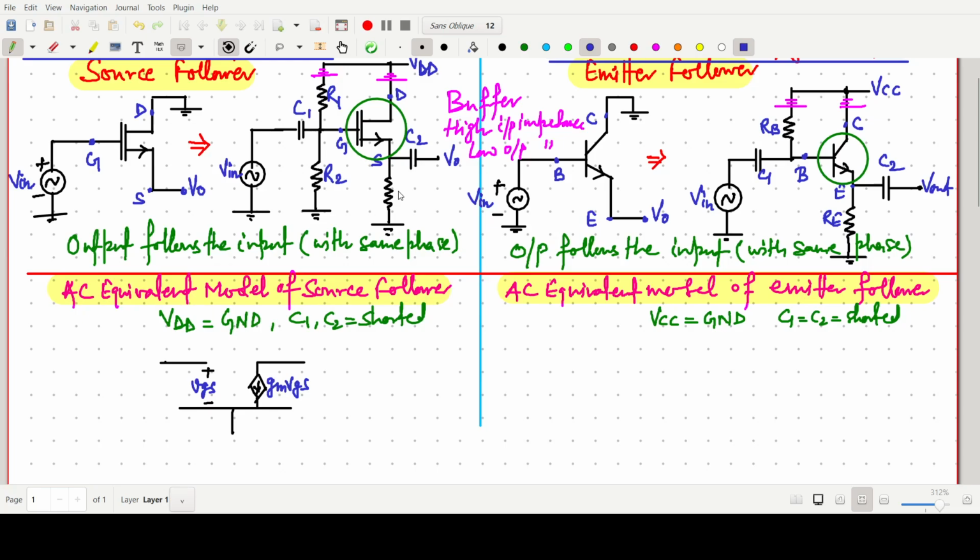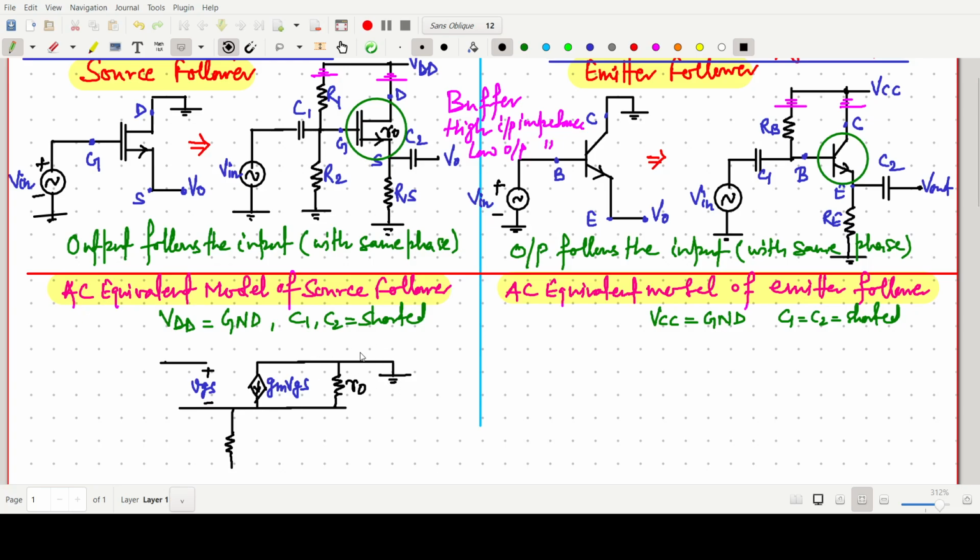And this one is our source resistance, so we are making one resistance here, that is our RS. And if this transistor has some finite resistance, say R naught, that R naught will come here, and this should be grounded.